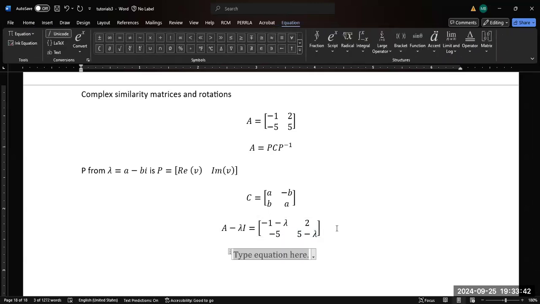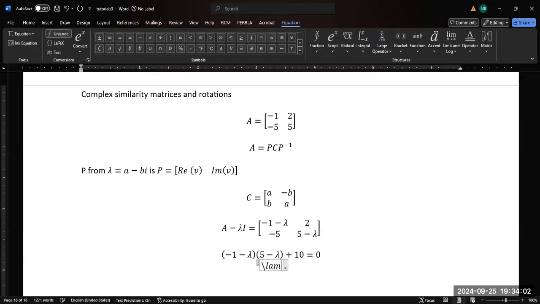And so if we find the determinant of this, we're going to have (-1 minus lambda)(5 minus lambda) plus 10 equals 0.